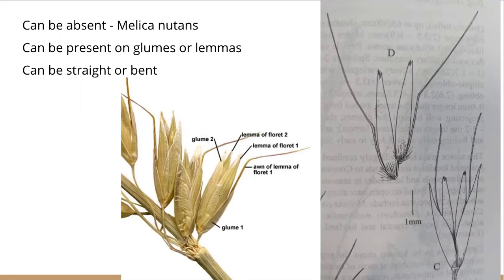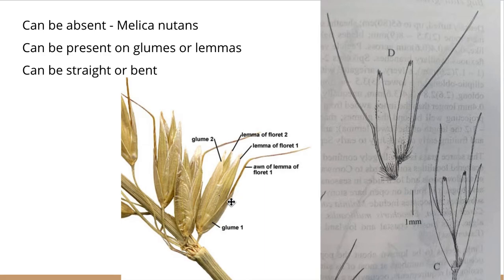More about awns. They can be absent, for example Melica nutans, and they can be present on both glumes or lemmas. Moving to this picture on the left here, you can see that this is a glume right here, and from the glume there is an awn.